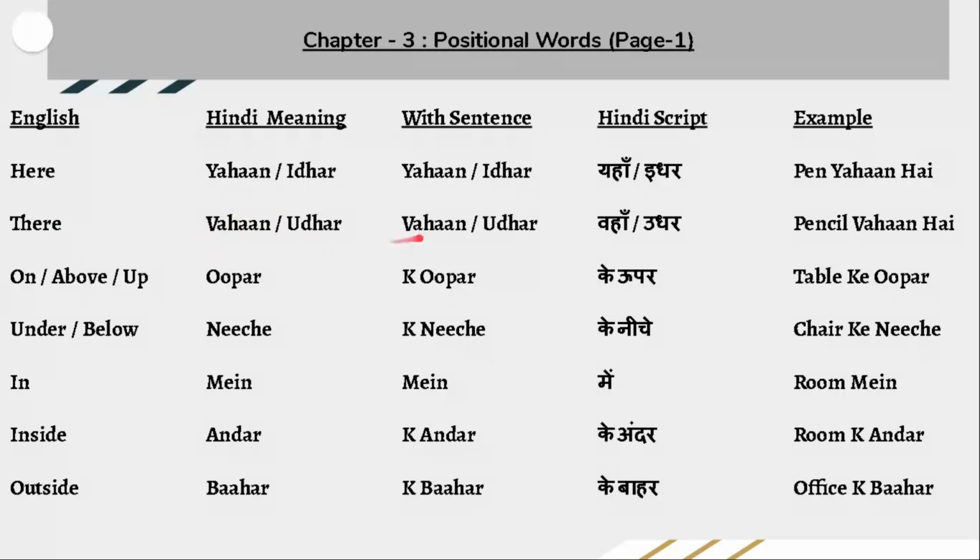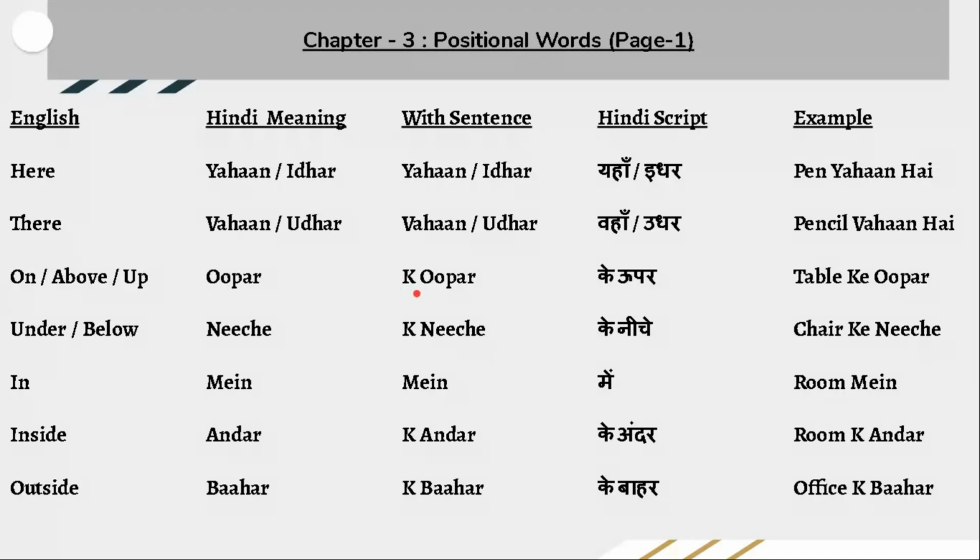In the sentence, the same has to be used: wahan or udhar. Example, pencil is there. Pencil wahan hai. Next is on, above or up. For all these three English words, we are using a single word in Hindi, that is upar. But when it is used in a sentence, then we have to use ke upar.